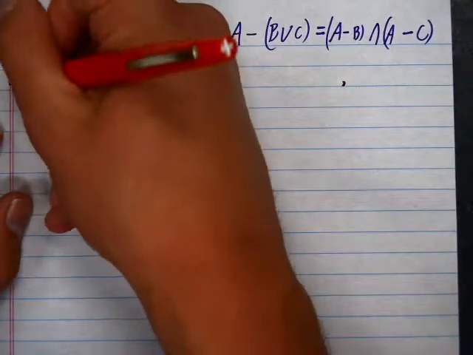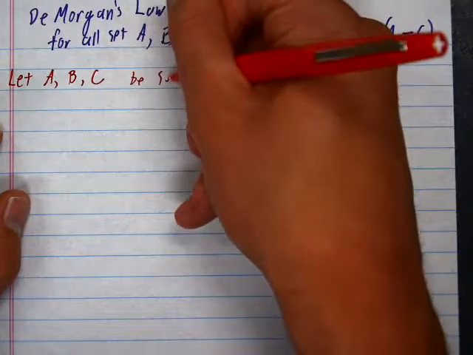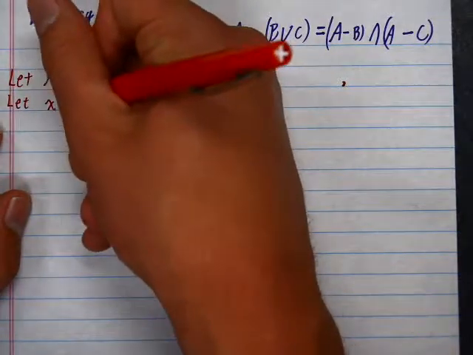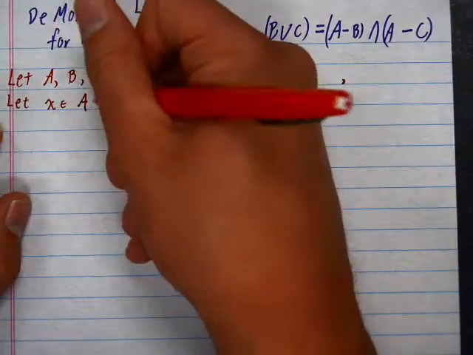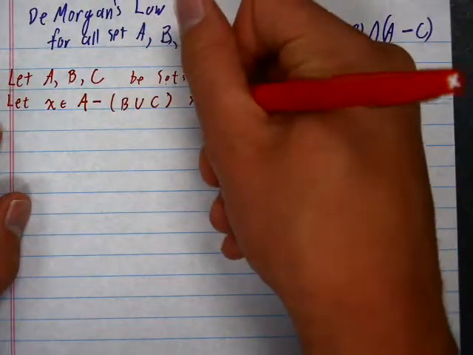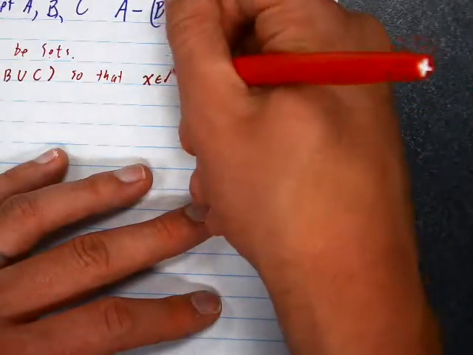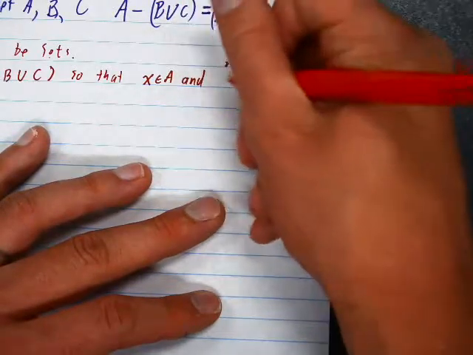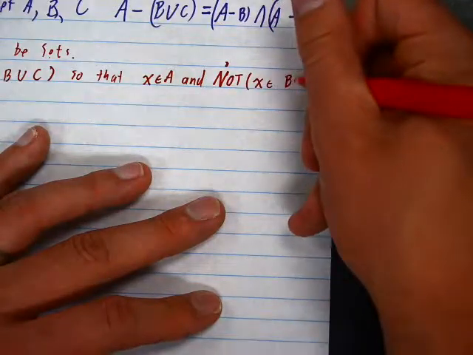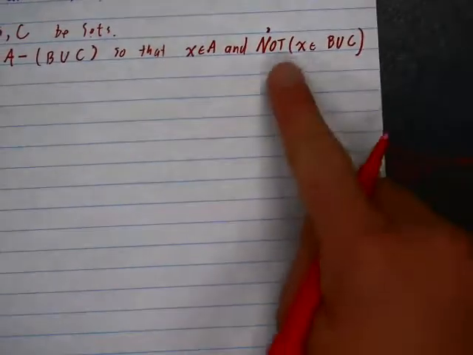So let's let A, B, and C be sets. Let's let x be an element of A set minus B union C, so that x is in A and not x is in B union C. So let's expand that out.